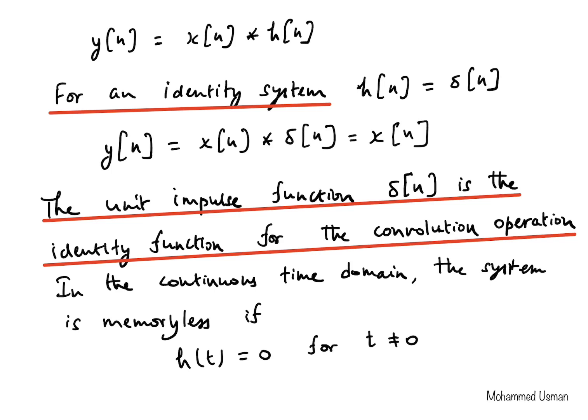In other words, h of t equals a scaled version of the input impulse, that is k times delta of t, where k is equal to the value of the impulse response at t equal to 0. K is equal to h of 0.